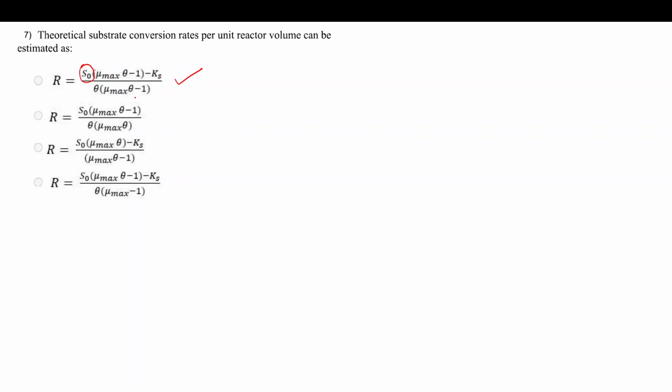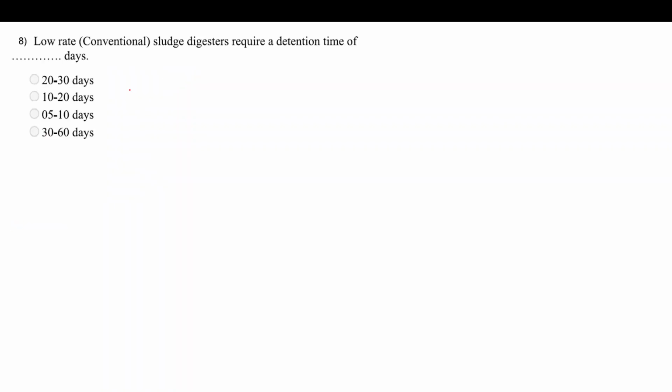The rest are constants. Low rate sludge digester requires a detention time of, so this is a theoretical estimation, and theoretically it mostly requires 30 to 60 days for digestion.